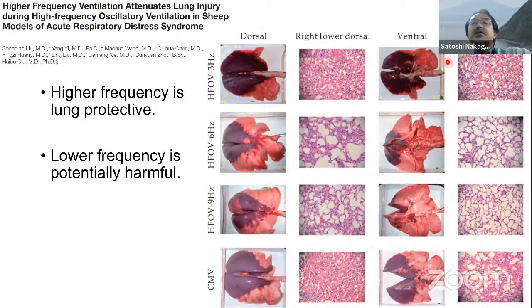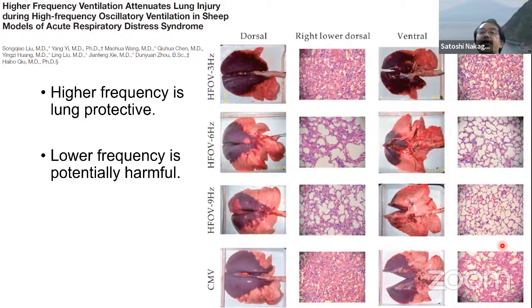This is the histological comparison of the lung between the 4 different settings: conventional mechanical ventilation and high-frequency oscillation with 9 hertz, 6 hertz, and 3 hertz. As you can see, the lung structure is well maintained with the high-frequency oscillation of 9 hertz.